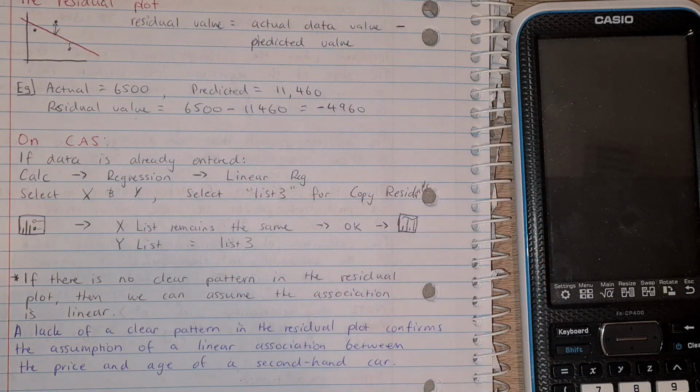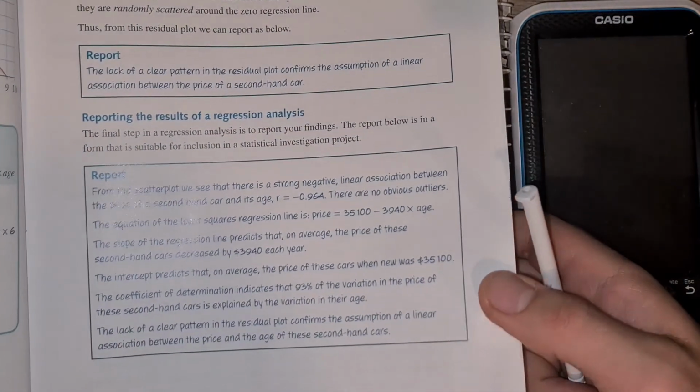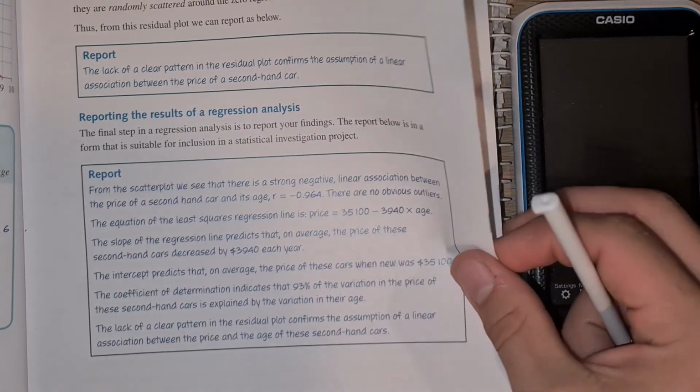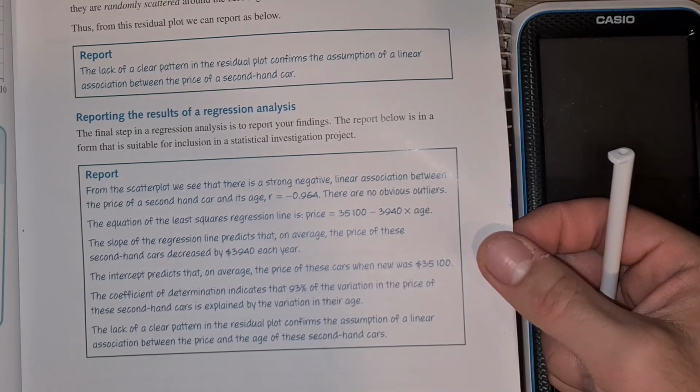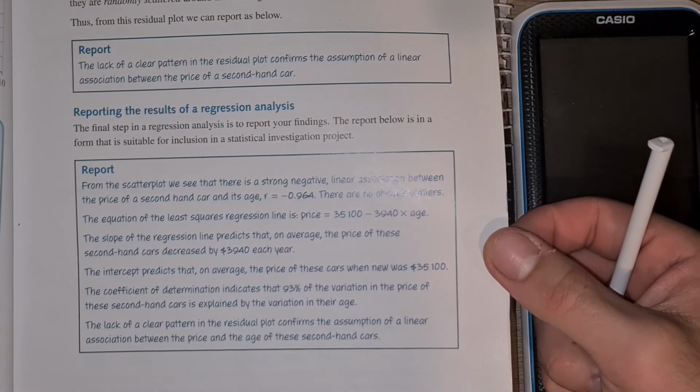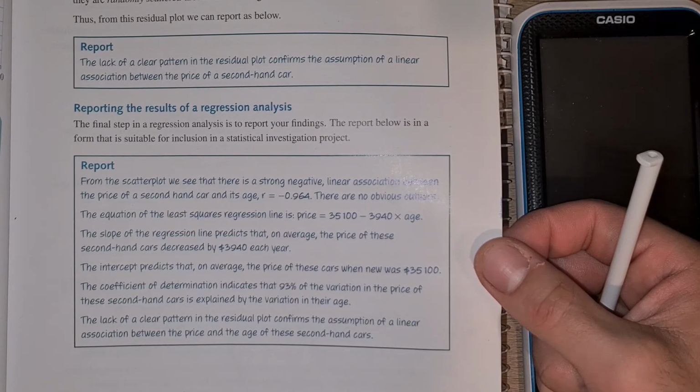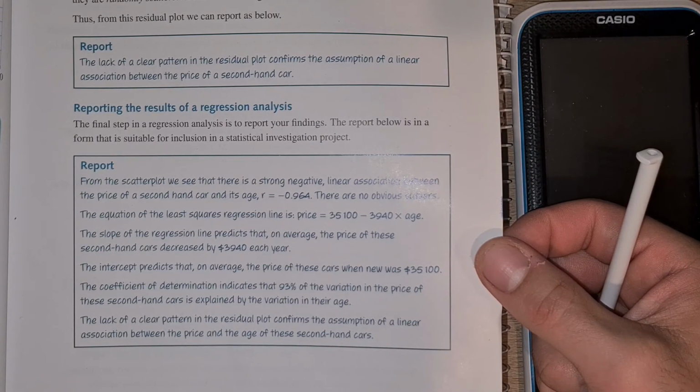Now, putting all those together into a report, you will see, to save me having to rewrite them all together, your textbook has got this report put together for you.